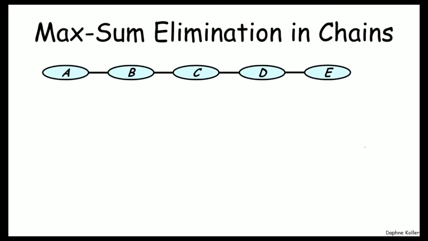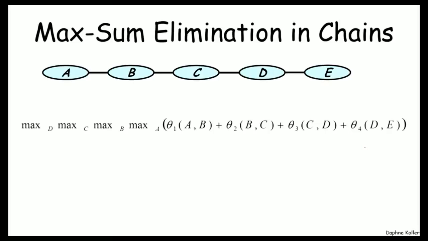Okay. So now that we've reduced the problem to one where we're taking the max over a summation, we're going to go back to our simple example of a chain, and we're going to think about how we can do max sum variable elimination in chains. And this is going to look almost identical to the sum product algorithm that we had before. So let's understand what we're trying to do here.